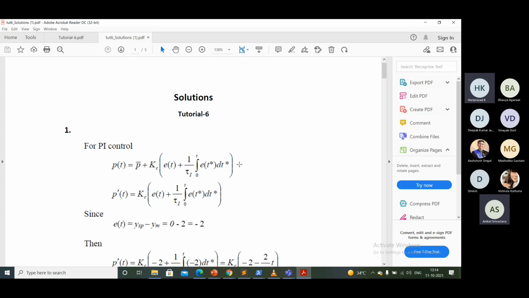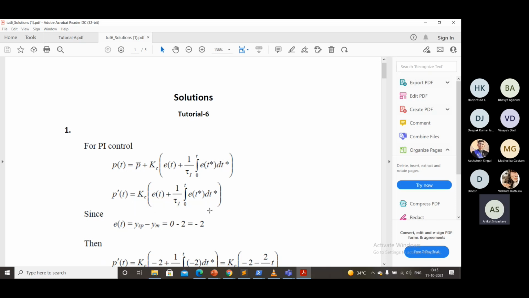So first, this is the expression for the output in case of a PI controller. Kc is your controller gain here and tau I is your integral time. These two are the parameters which we are supposed to find out. This is in terms of our original variable, so first we'll subtract the steady state value, which converts it into a deviation variable.